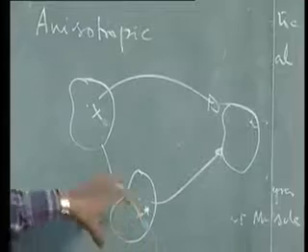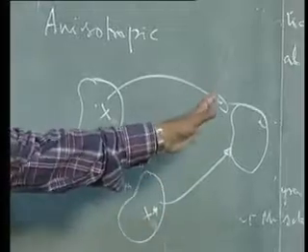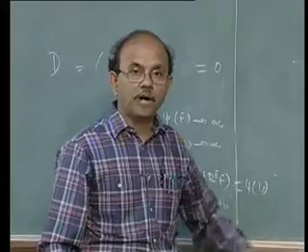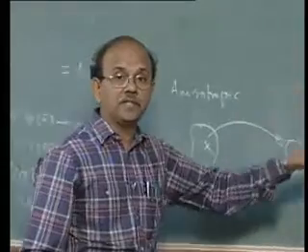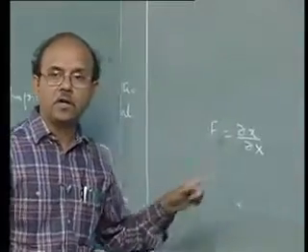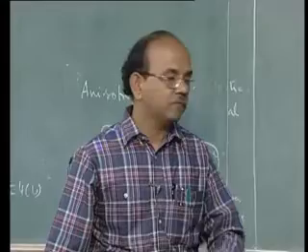So when there is a difference in my reference frames, as I said, when I rotate it and then deform. So I'm going to define first an isotropic material, and one which does not satisfy the law which I'm going to put down is called an anisotropic material.